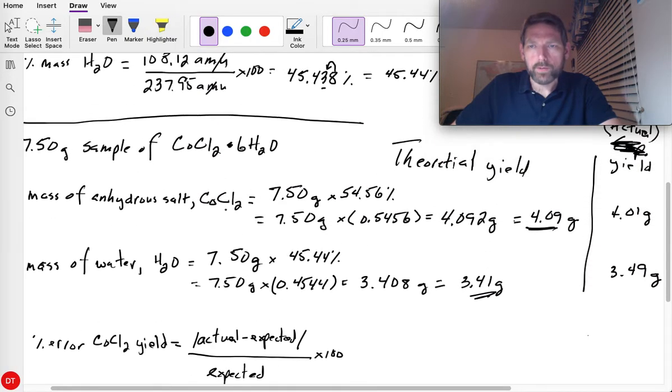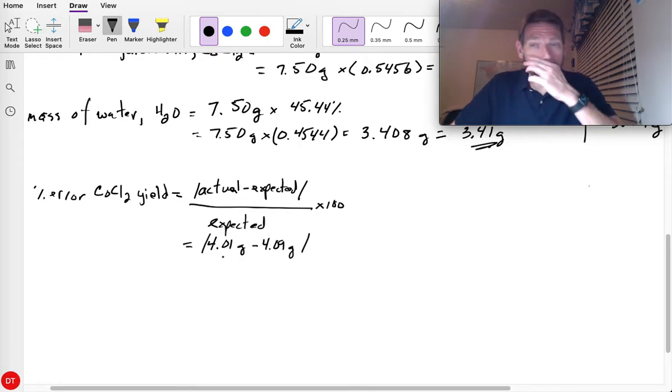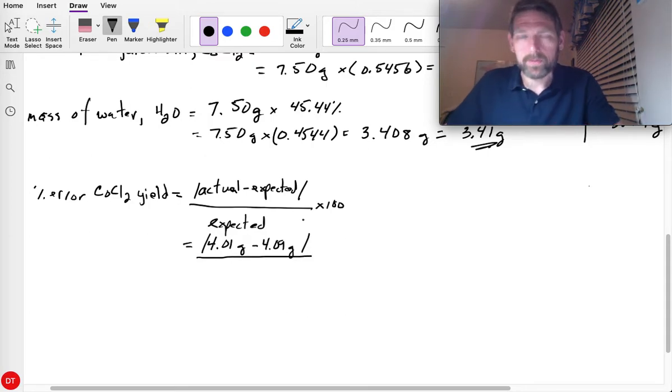So the actual, we have 4.01 grams minus 4.09 grams, absolute value, because there's no negative percentage here. There's not a negative amount of mass, right?